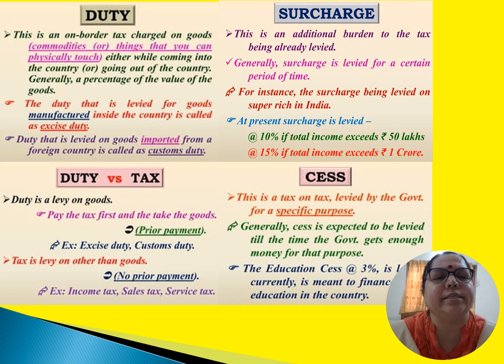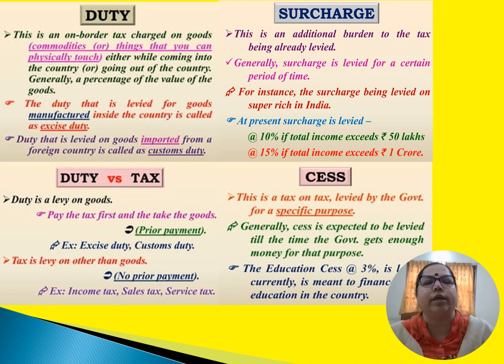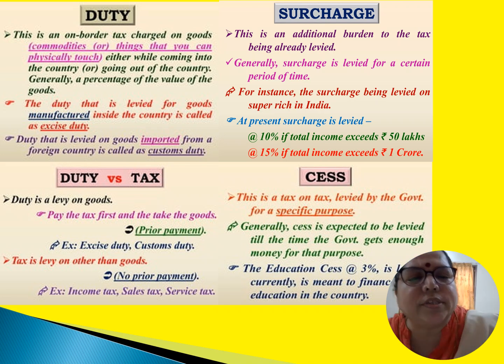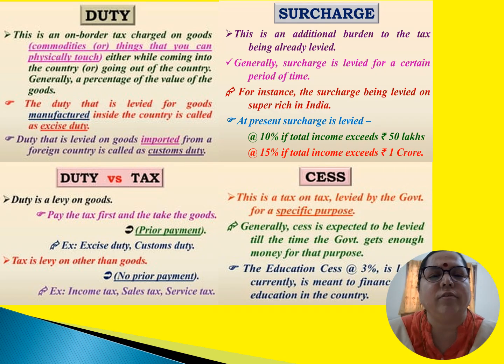Duty. Duty is an on-border tax charged on goods, commodities or things that we can physically touch, either while coming into the country or while going out of the country. Generally, it is a percentage of the value of the goods. So duty that is levied on goods manufactured inside a country is called excise duty, right?